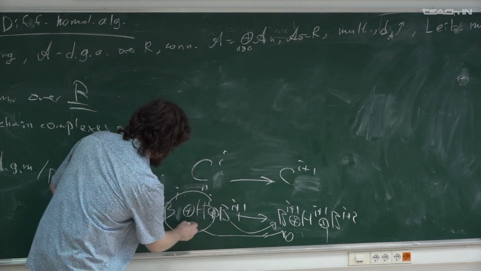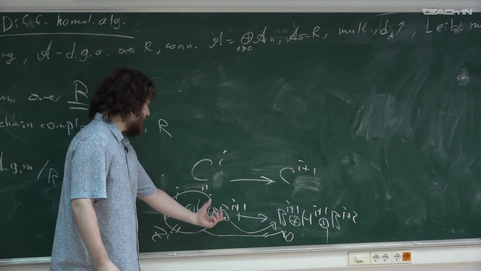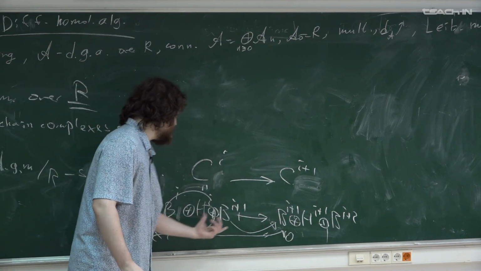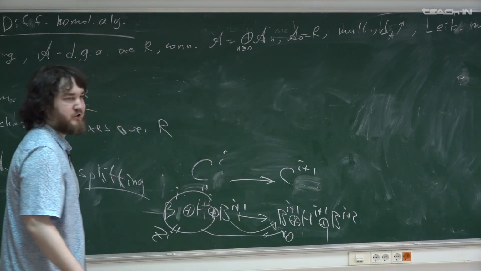So this is cycles. It's a direct sum of cycles and boundaries. Boundaries go to boundaries identically. Cycles is a direct sum of the previous boundaries and homology. Okay, it's split in the chain complex.